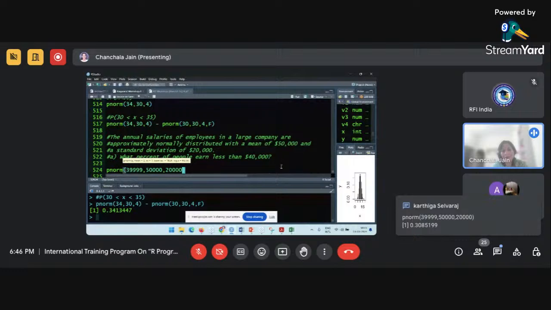I think we have just generated a series of probabilities for the binomial distribution, and similarly I told you about using the pnorm.